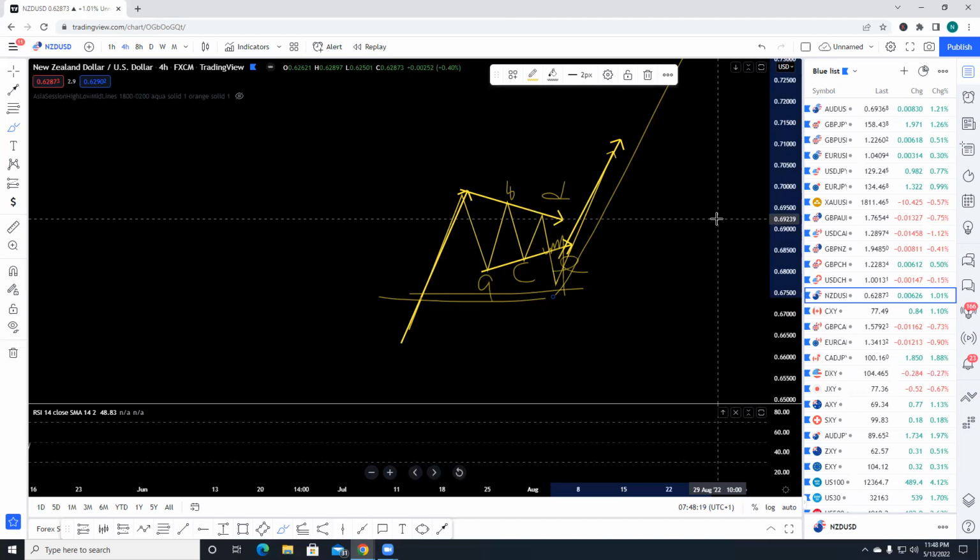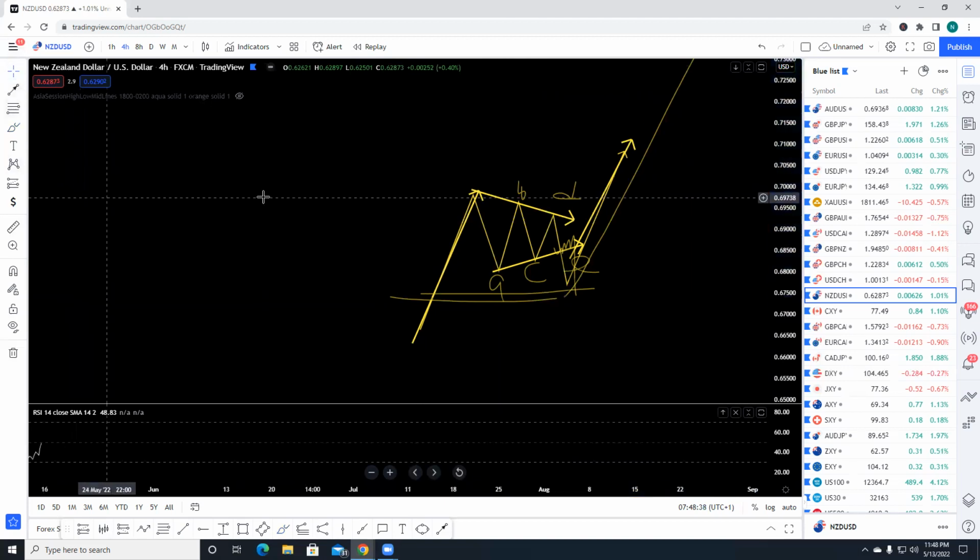So always use your trend line with Fibonacci, with liquidity, with structure, and with session differences in terms of liquidity. These are things you must consider in order to succeed in trading trend lines.